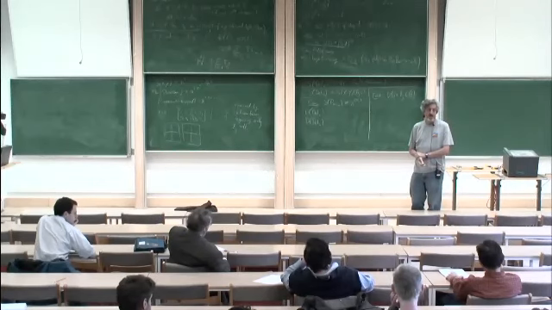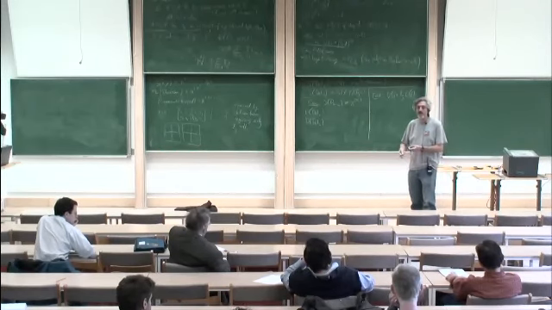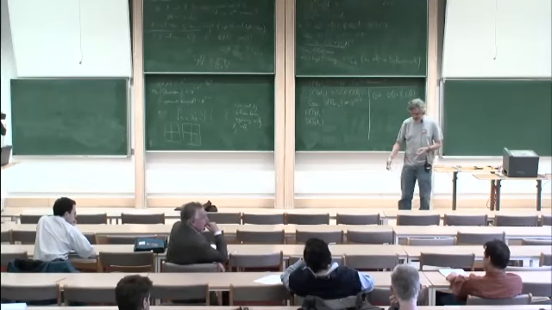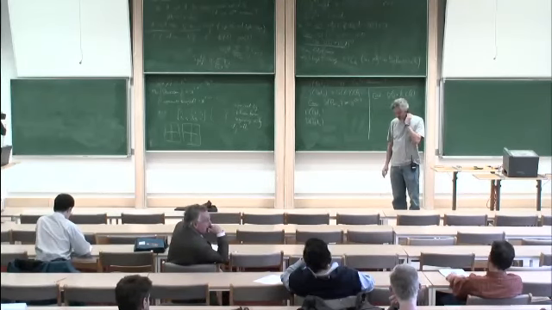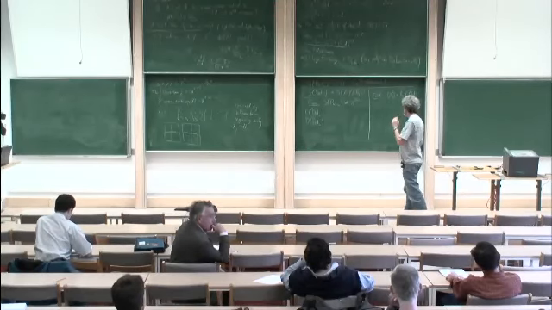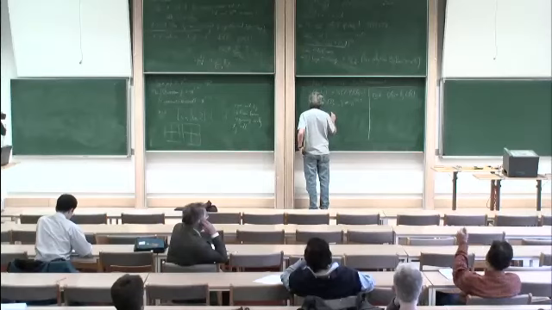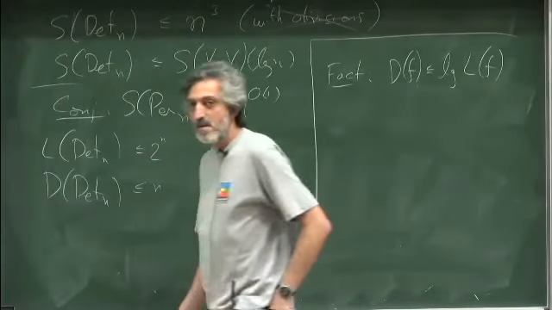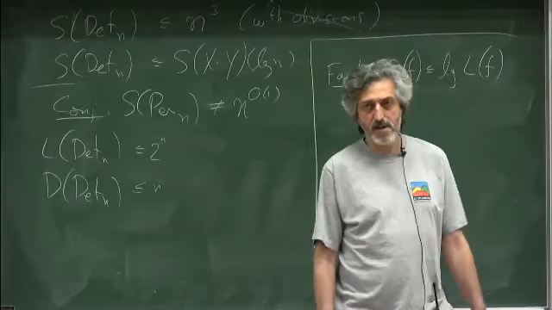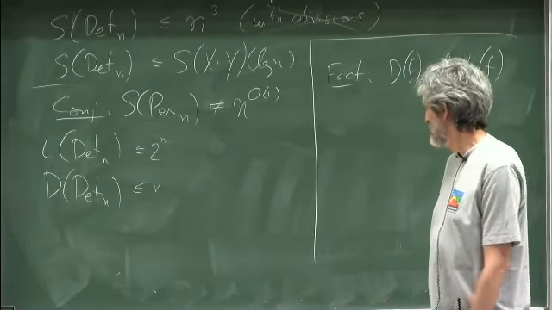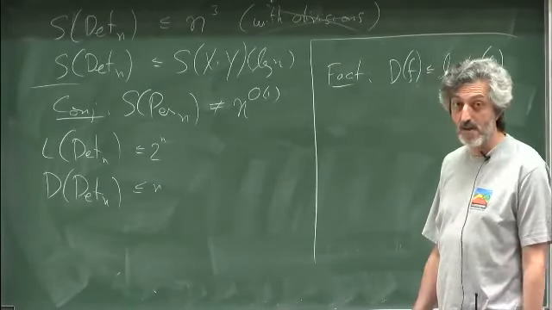Yes, the obvious one is n, because it's sort of a recursive algorithm, or a nested algorithm, and the obvious way will be about n. So the obvious thing here is n, and the obvious thing here is 2 to the n. So are there better formulas? Are there polynomial size formulas for determinant? It's a great question, and it's open.